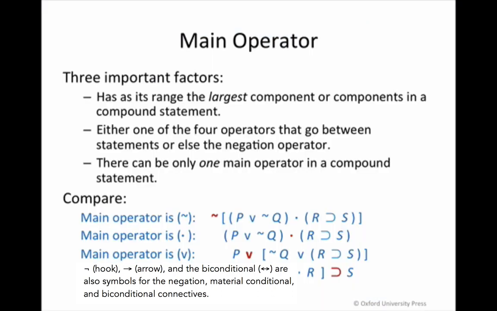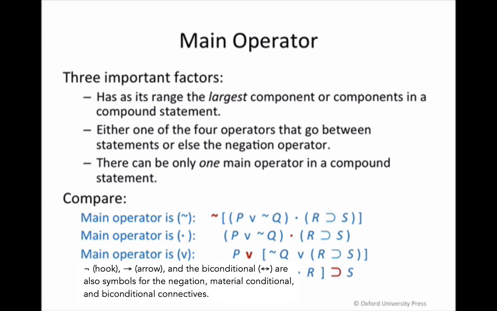Now remember earlier I mentioned that one of the reasons it's important to use parentheses is so that you can set off a compound sentence, or the elements of a compound sentence, as a single unit. In doing so, what you're highlighting is a compound sentence's main operator. So take a look at each of these examples. In red, you'll see the main operator.